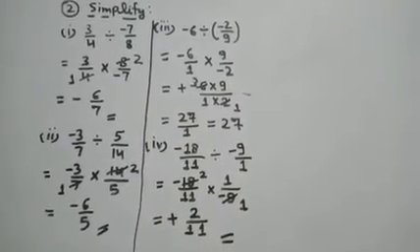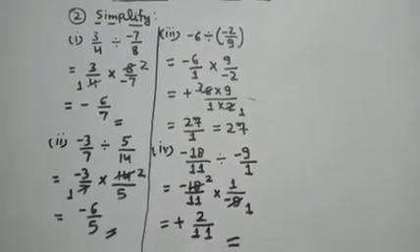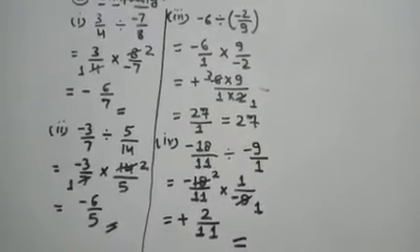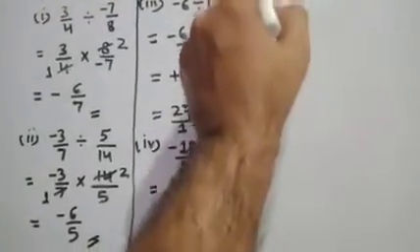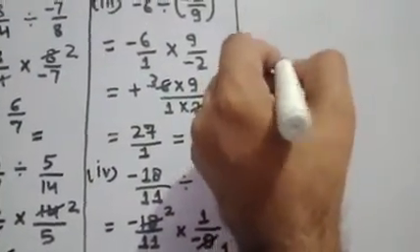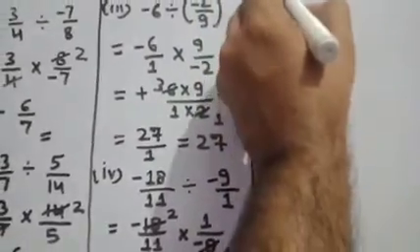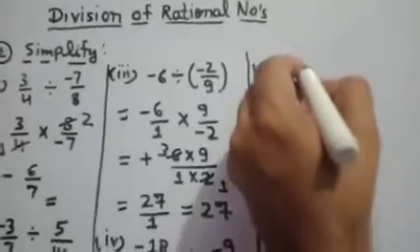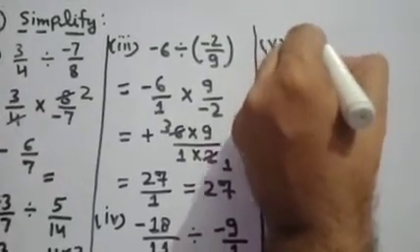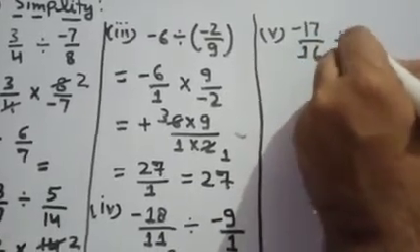The remaining part, do by yourself. I will try to solve some part also in this video. Now part number 5: minus 17 upon 16 is divided by 1.